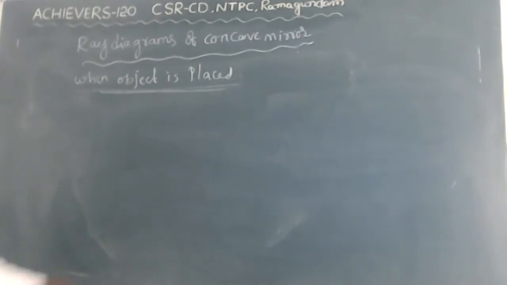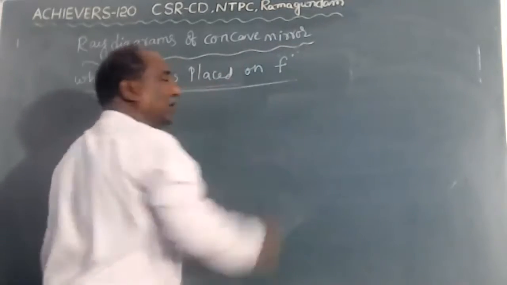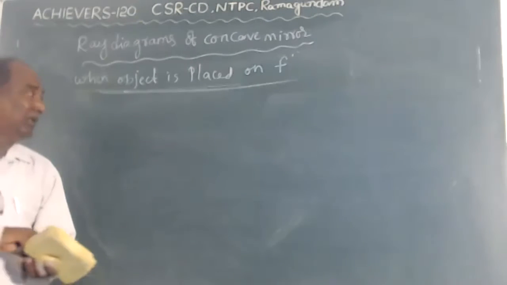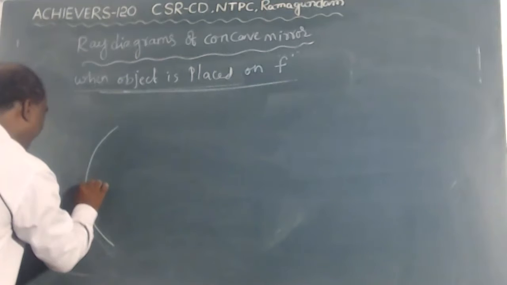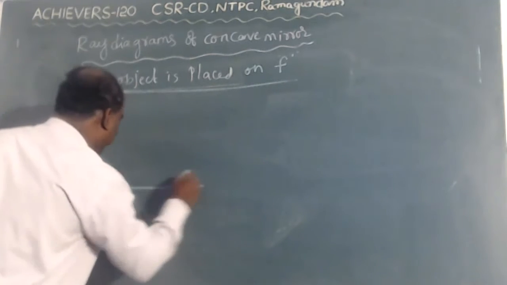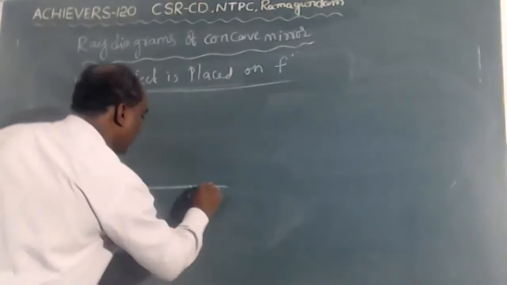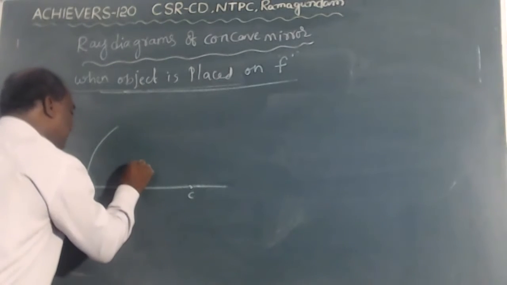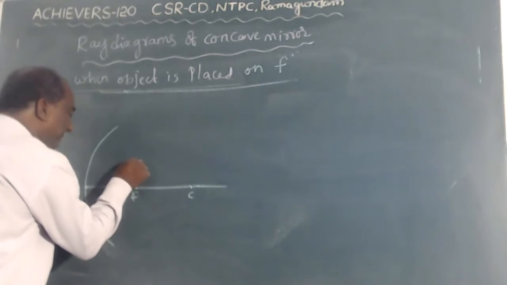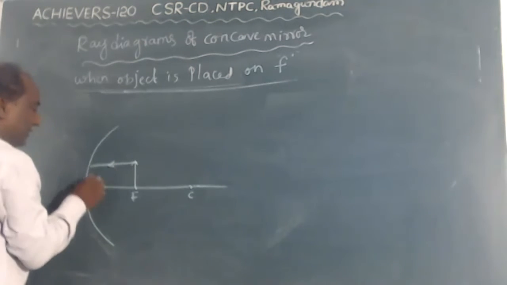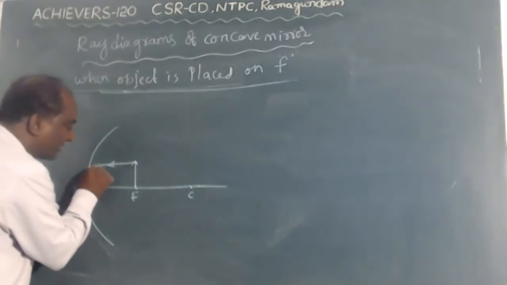When the object is placed on the focal point, on F. Let me see this. Pole, focus, center of curvature. According to this position, the object is placed on F, the focal point. Same way, the incident ray, the parallel ray, comes from the object, strikes the curved surface, and the reflected ray passes through the focus.